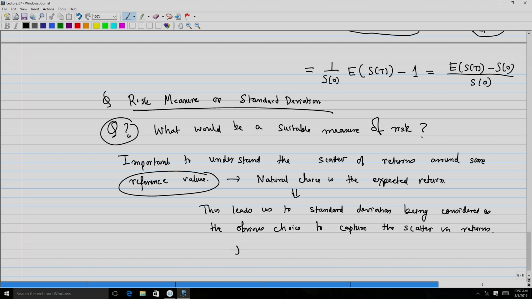So, accordingly, sigma k will be used to denote the standard deviation of returns, or the measure of risk. This is nothing but the square root of the variance of k, where k is the return. Please take note that k here is the return and not the price of the asset.